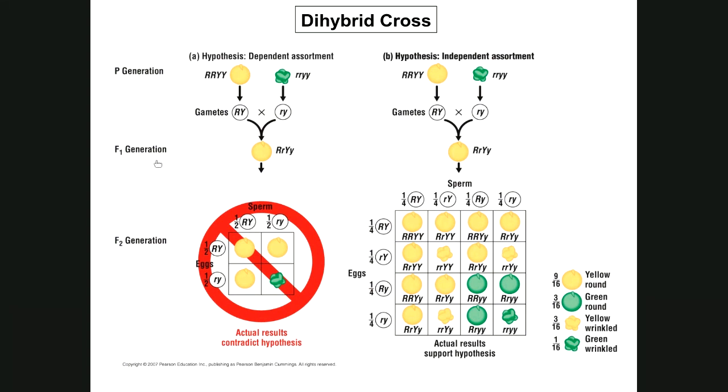The F1 generation were hybrids that always produced round seeds that were yellow. Okay. Then what happened is that he knew in order to prove or disprove these two hypotheses, he wouldn't be able to do that until he produced the F2 generation.